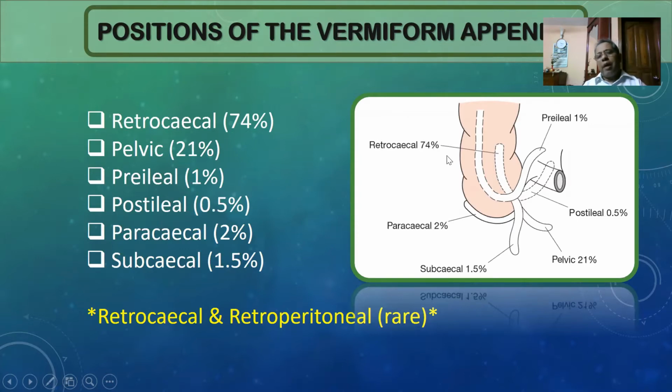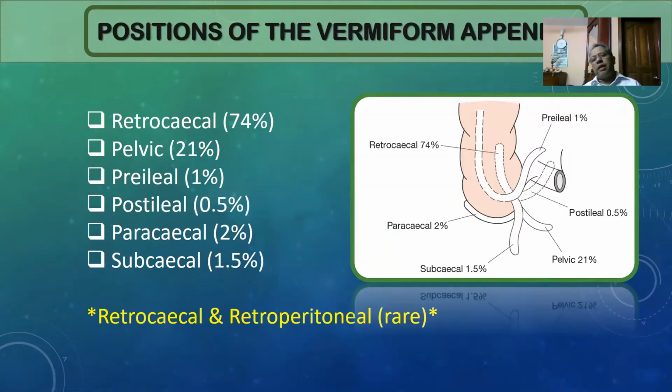The other varieties are: pelvic variety is 21%, pre-ileal is 1%, post-ileal is 0.5%, paracecal is 2%, subcecal is 1.5%. So look at the picture. The terminology of the appendix position is made by the location of the appendix.